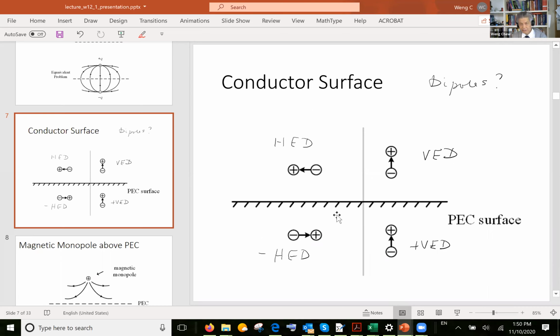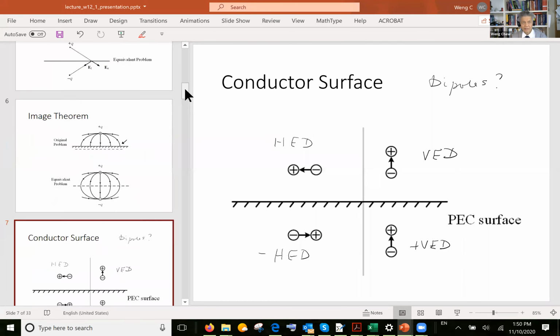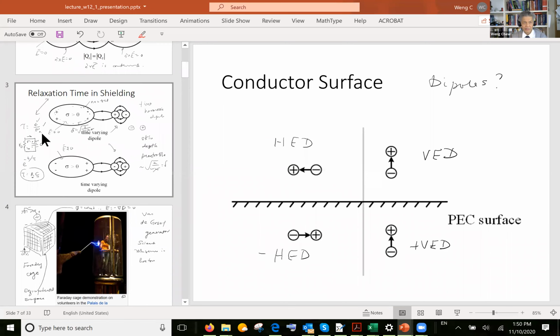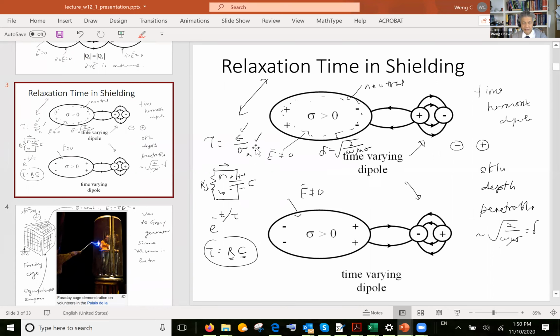However, if this is not a PEC, the electric field will not be 0. But the good thing about PEC is that it is a case where the relaxation time is 0. If you look at this concept of relaxation time, if you have a perfect conductor, then tau is equal to 0, which means that if you were to change the sign of this charge, it takes no time for the charges to move around.